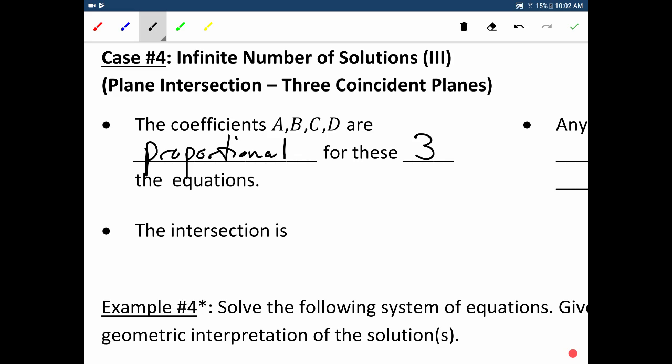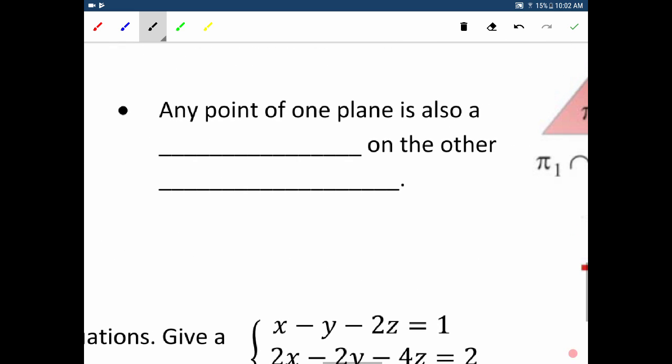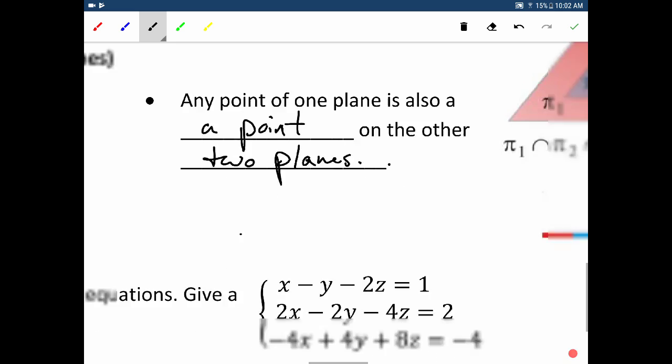Okay, the intersection in this case is a plane. Okay, any point on one plane is also a point on the other two planes. Okay.